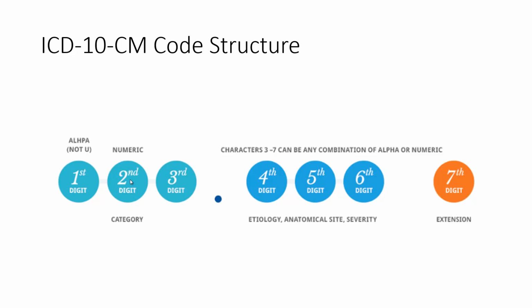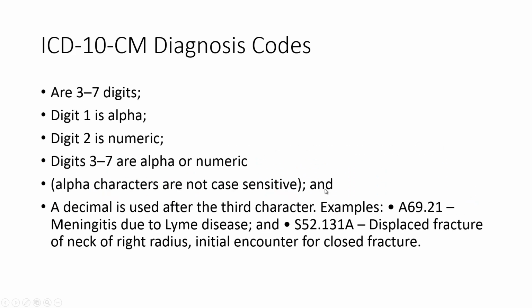The second is always numeric, and then characters 3 to 7 can be a combination of alpha or numeric. The seventh character is called the extension digit, and it is required by certain categories in the ICD-10 code. So again, ICD-10 is very similar in structure and lookup to ICD-9.